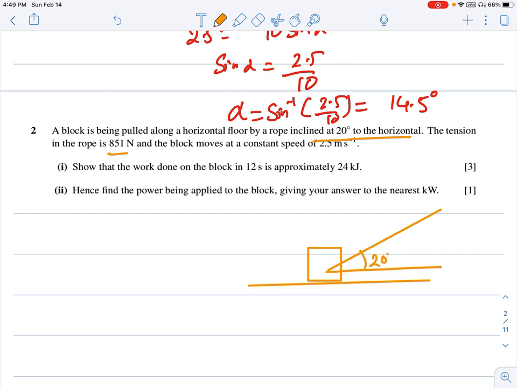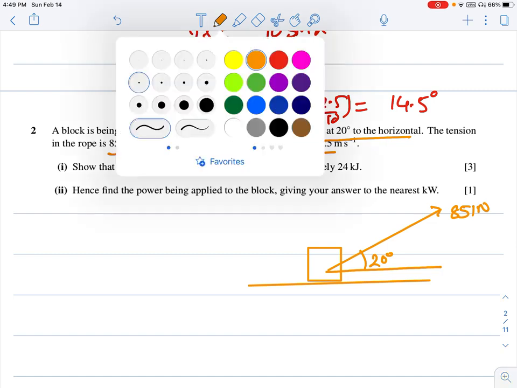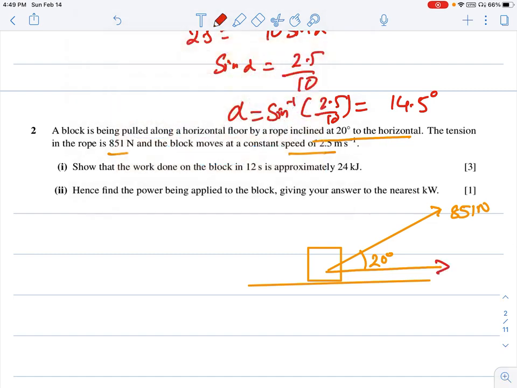So this angle is 20 degrees and the force is 851 newtons at a constant speed 2.5. So what am I going to do? I'm going to resolve the forces. So this becomes 851 cos 20, and the upward force will become 851 sin 20, R, and its weight will be mg. That is the way I resolve the forces.